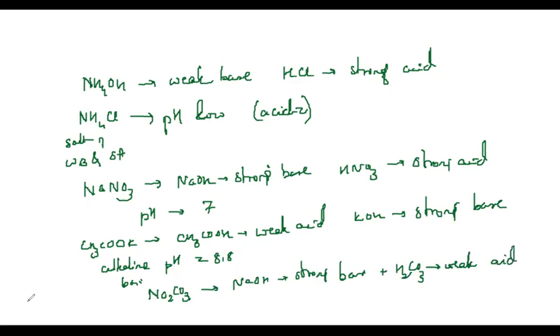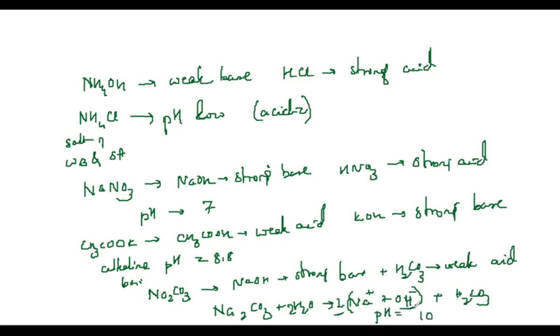Na2CO3 in water undergoes hydrolysis to give Na+ ions plus OH- ions. I'll balance it by writing 2 here, plus H2CO3. Therefore, since there are more OH- ions, the pH of this solution is more than 10.